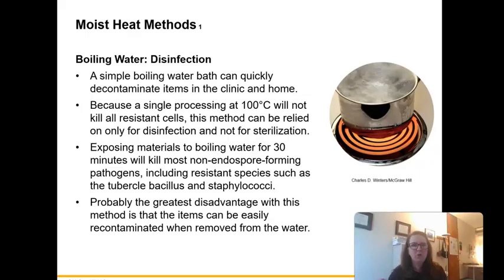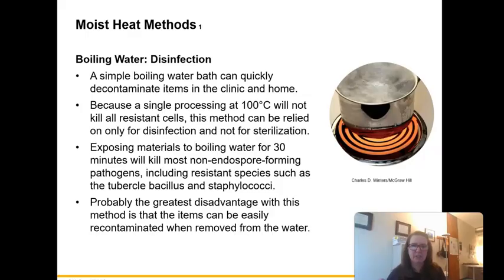So we know that single processing at 100 degrees Celsius is not going to kill all the resistant cells. So it's only going to be relied on for disinfection, right? So we're going to reduce and destroy the vegetative cells of our microorganisms, but we're not going to be able to eliminate the endospores.